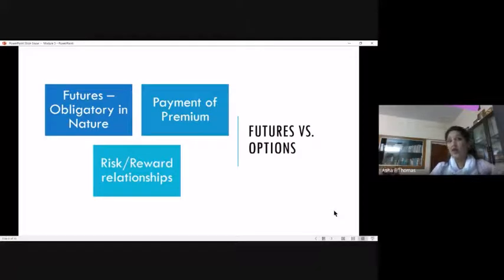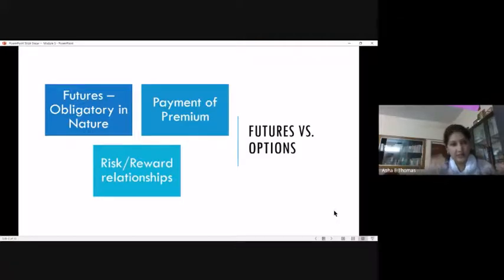A is obligated to purchase, and B is obligated to sell. That happens in the future. There is no special right for anyone.